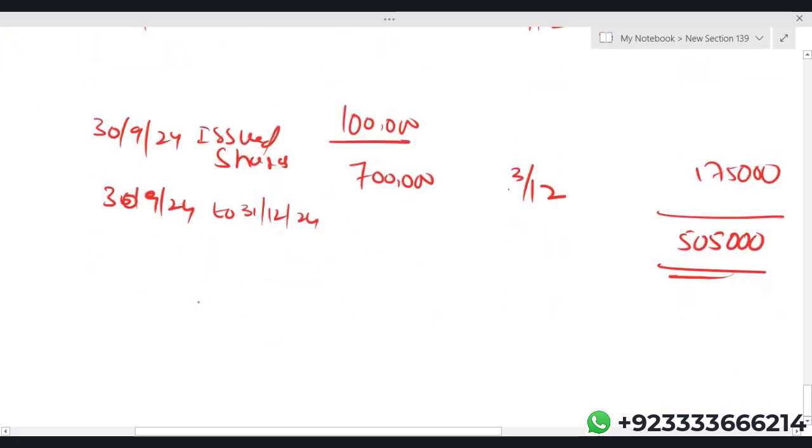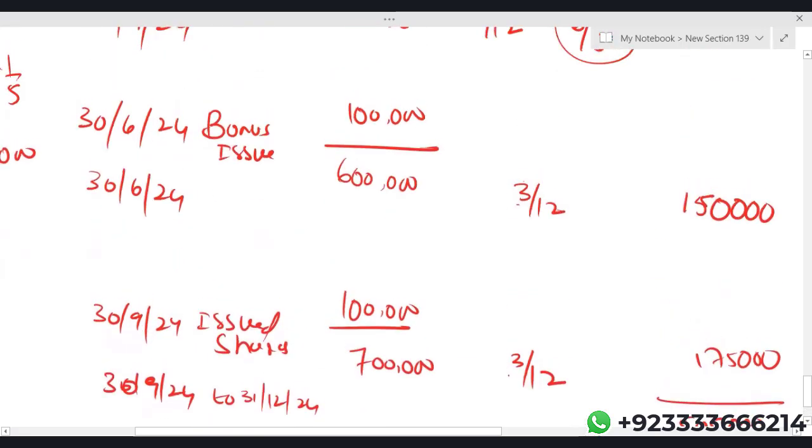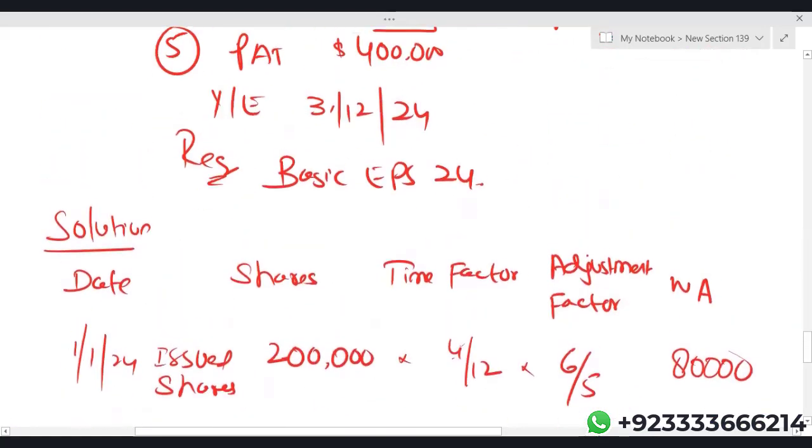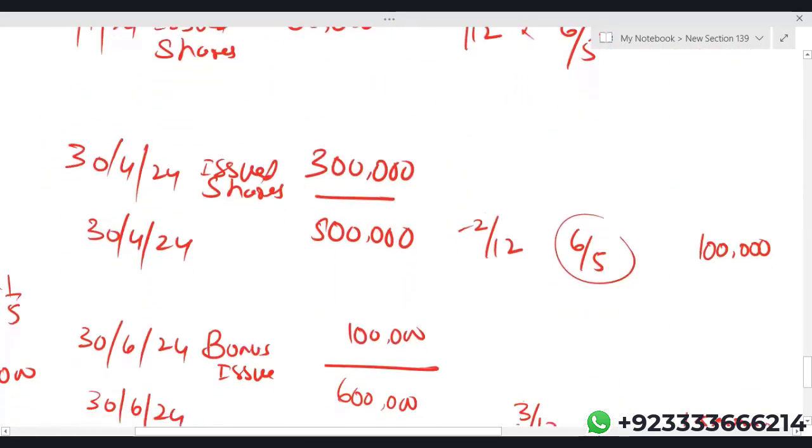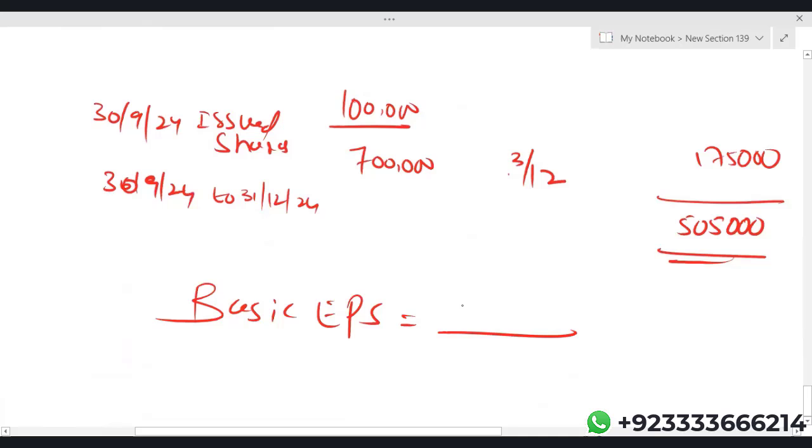So very simple calculation of a basic EPS. Profit after tax, they have given us 4 lakh, divided by weighted average shares. 4 lakh divided by 5 lakh 5,000.